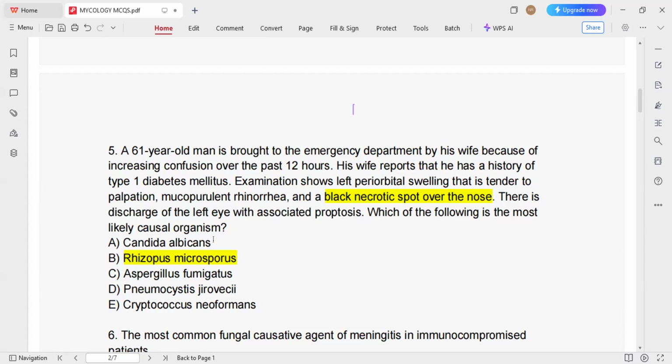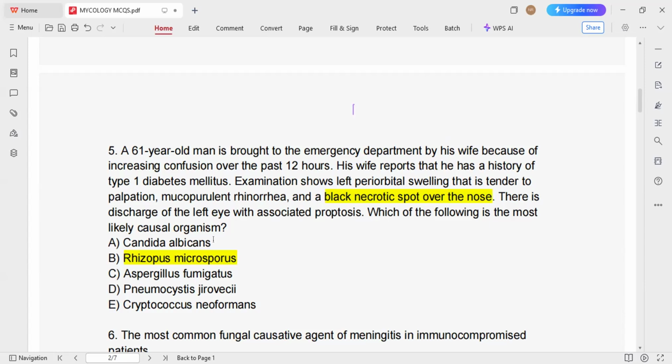Another one, especially in women: vulvovaginitis. It may present with discharge and itching.